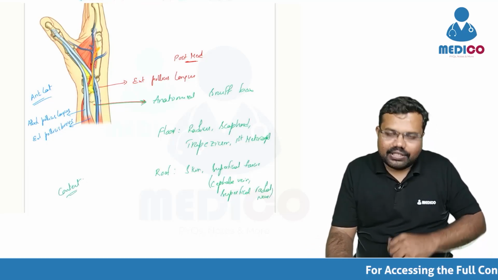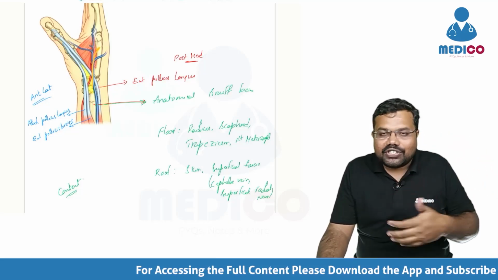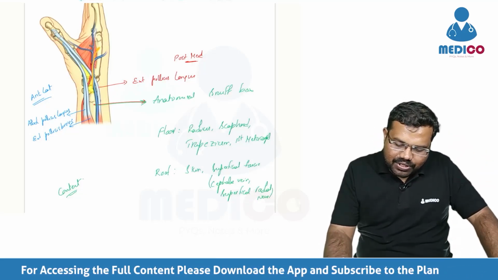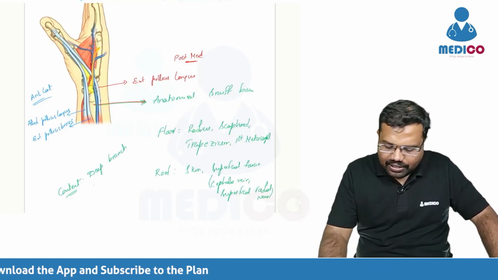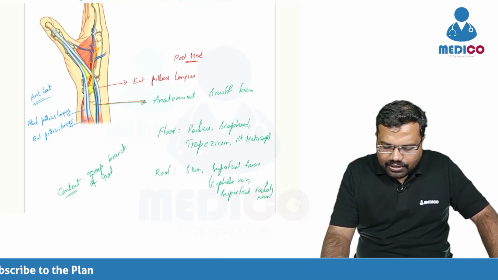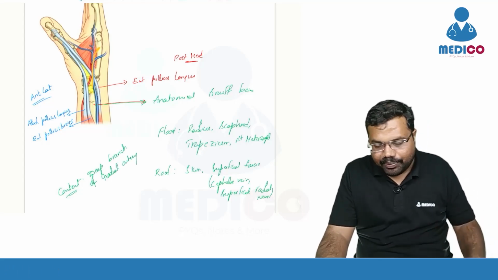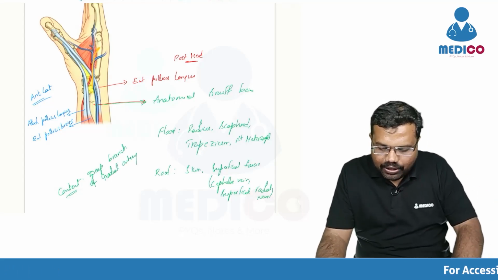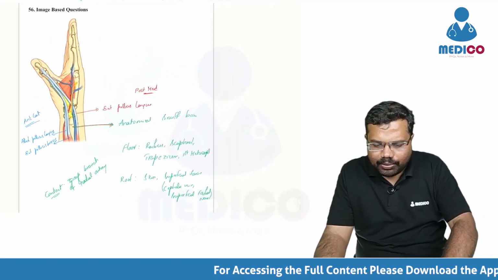What will be the content? Most people will confuse this, saying the cephalic vein or the superficial radial nerve is the content. It's not that, it is the deep branch of the radial artery that is the content. The radial artery is the content, but which branch, superficial or deep? Deep. That forms the deep palmar arch while going into the hand. That's about the anatomical snuff box.